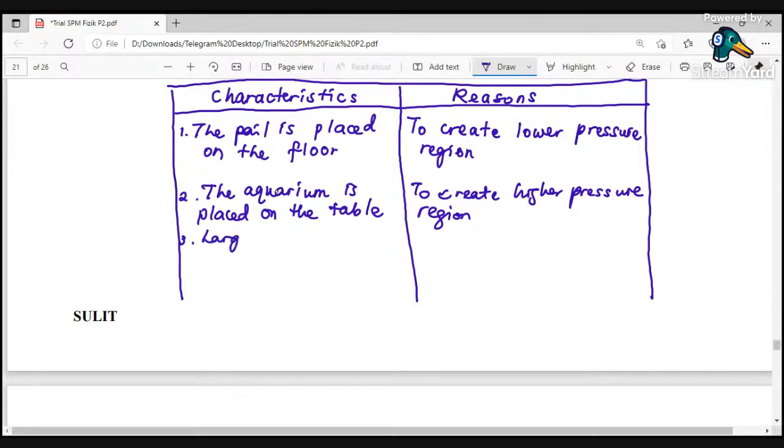Larger diameter of hose to transfer large volume of water.